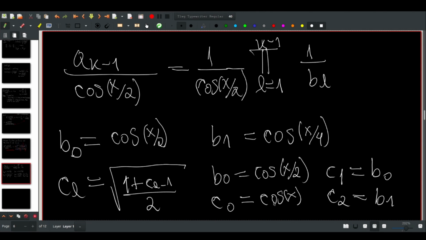What it's doing is shifting the indices from the B's into the C's. Perfect. But what that means is, okay, now this whole multiplication is actually equal to the product from L equals 1 to k of 1 over the C_L's.